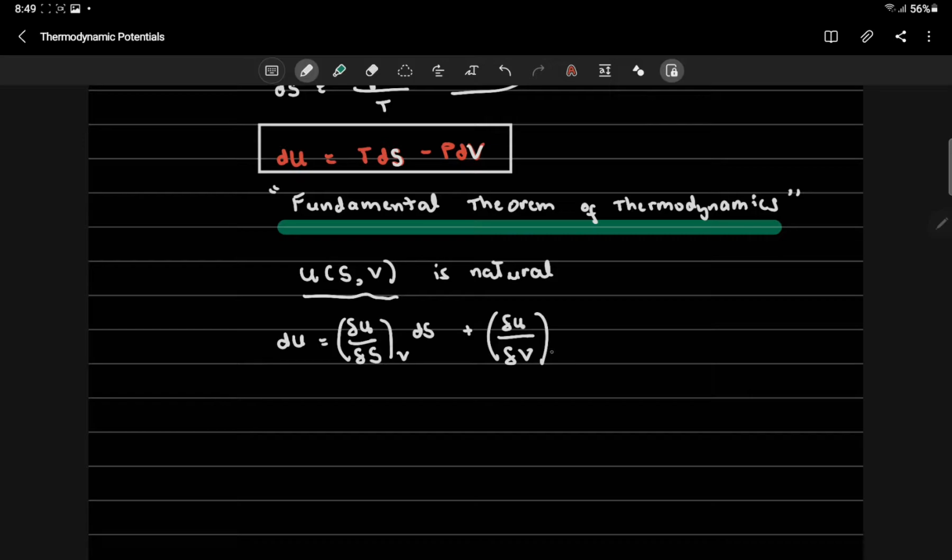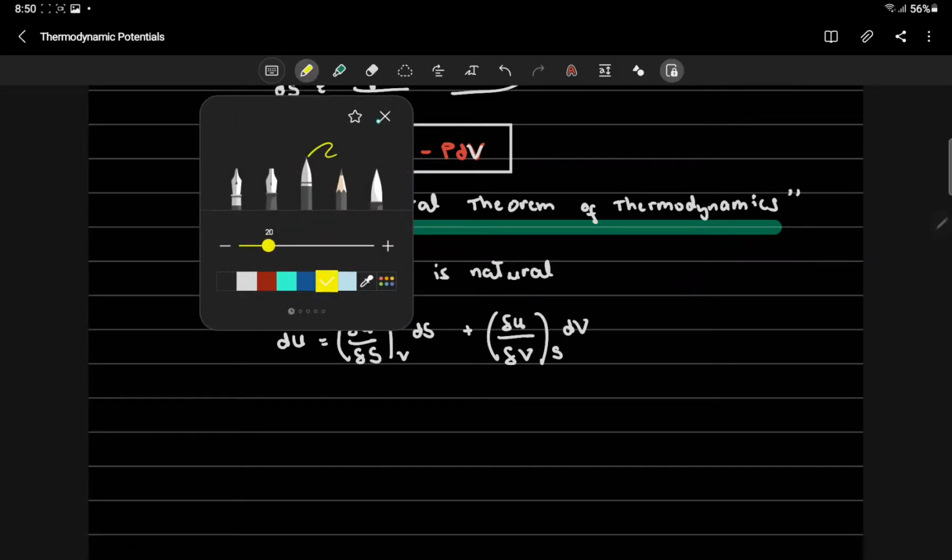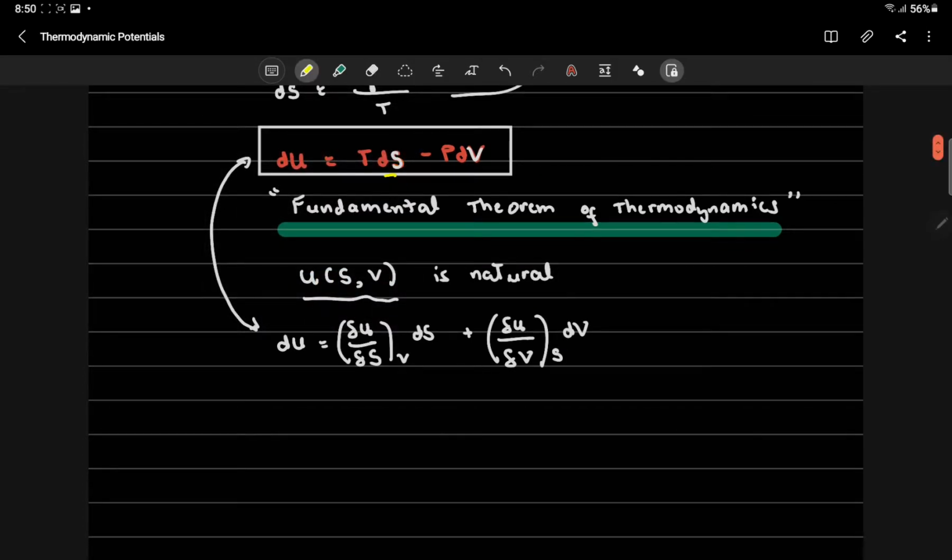Tapos, yung first variable S is constant, and then dV. Alam na natin gawin to, right? Now, since we have this total derivative, i-compare natin yan ngayon dito sa fundamental theorem of thermodynamics. Ang nangyayari ngayon is that yung parehong equation na yan, may differential S, right? So may differential S dito, may differential S dito. May dV, mayroon ding dV.